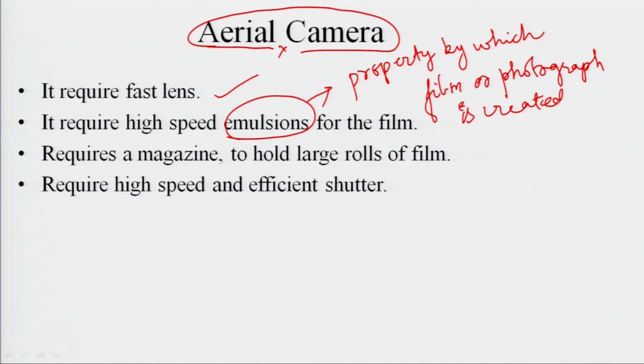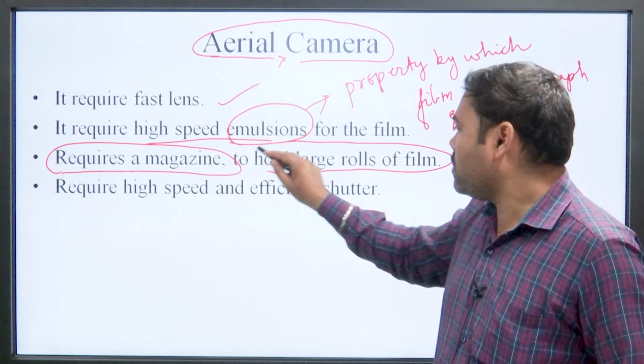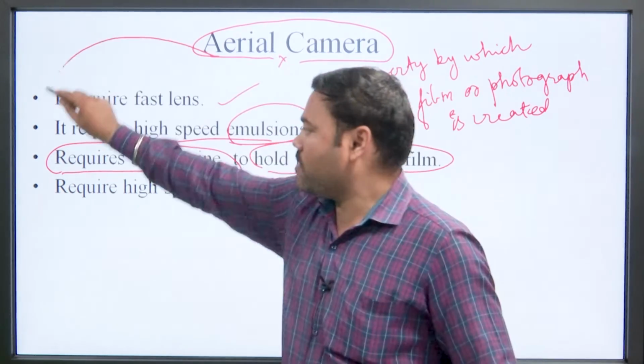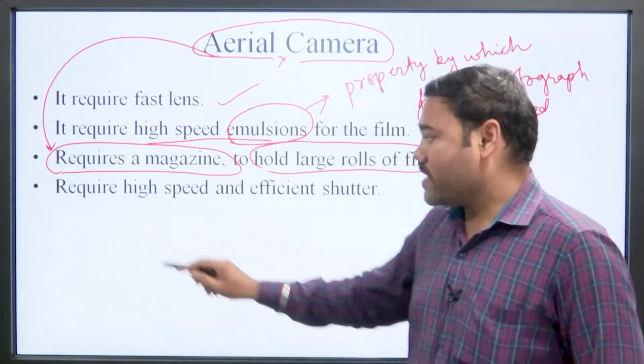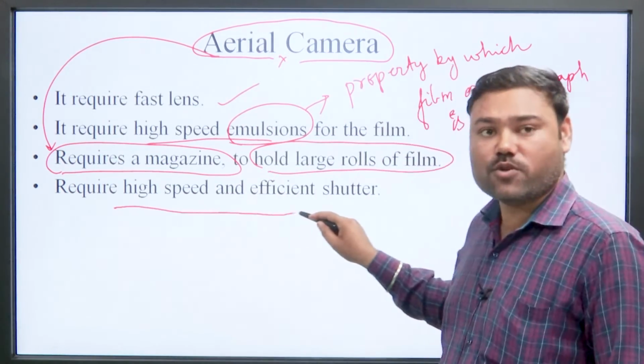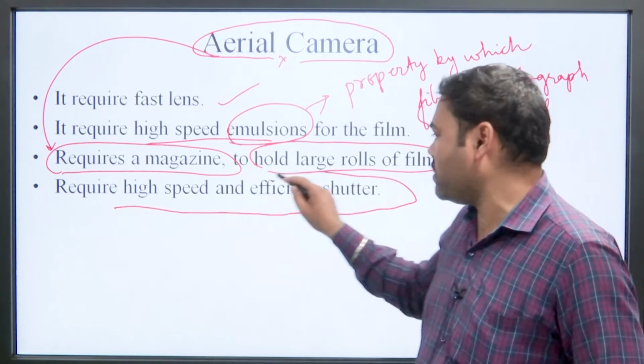So, it must require a high speed emulsion. It requires a magazine, in order to hold large rolls of film. The aerial camera must also have a high speed and efficient shutter.